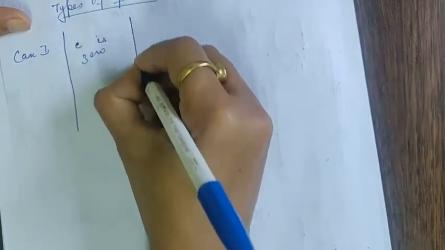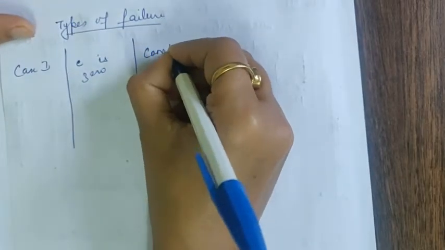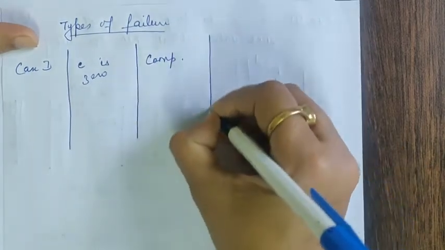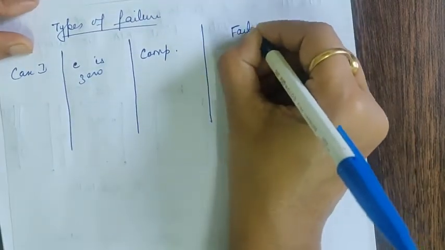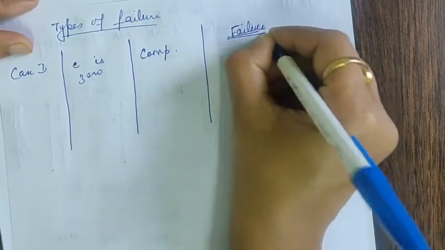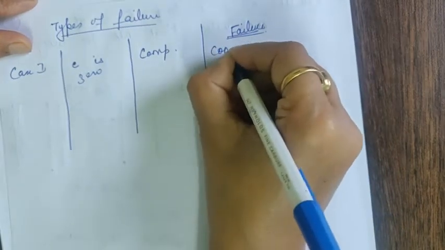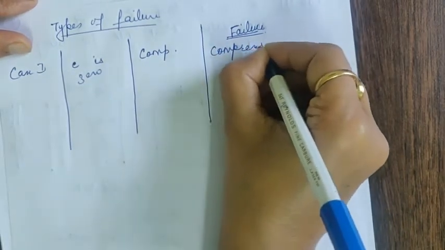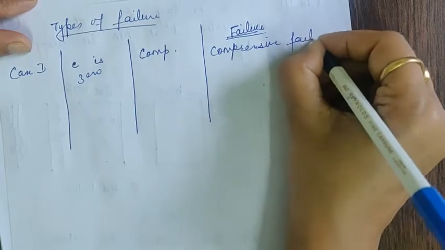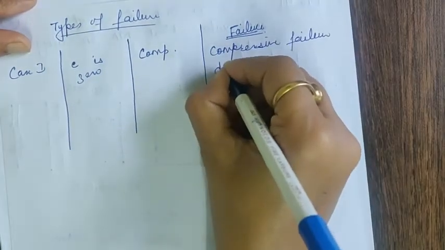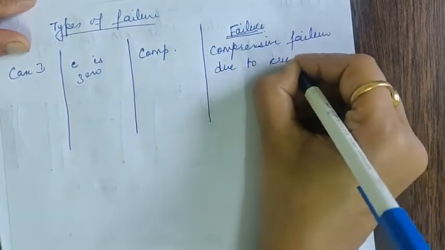Case 1 means eccentricity is 0. The column is directly under compression. So the failure of this kind of column will be a compressive failure, and it will be due to crushing of concrete.